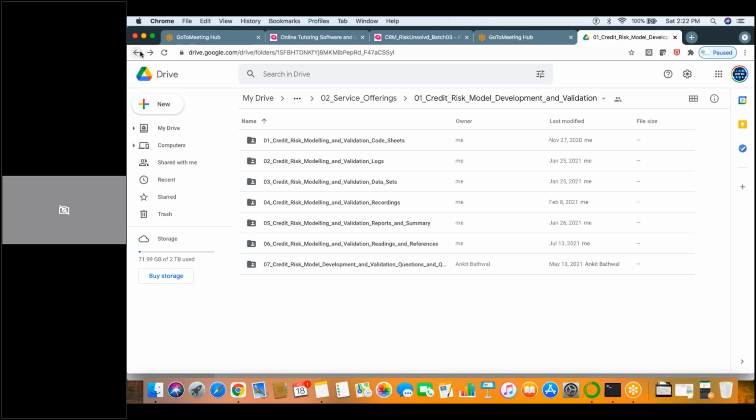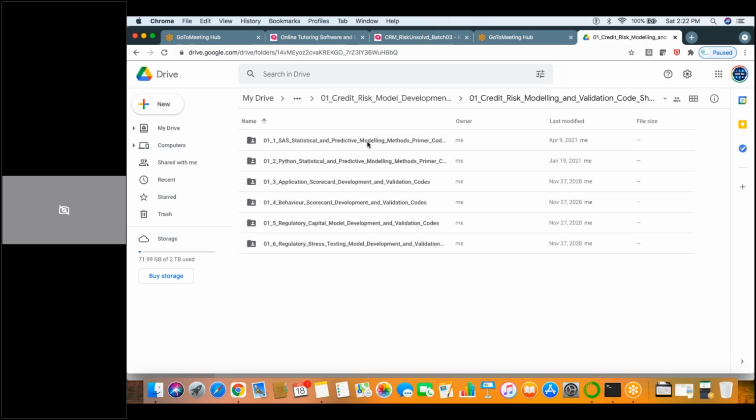Let me walk you through each of these subfolders. I have six subfolders within the code sheet folder. One is for the predictive modeling methods. When we study SAS, we study the predictive modeling methods as well, like central tendency, dispersion, and so on.